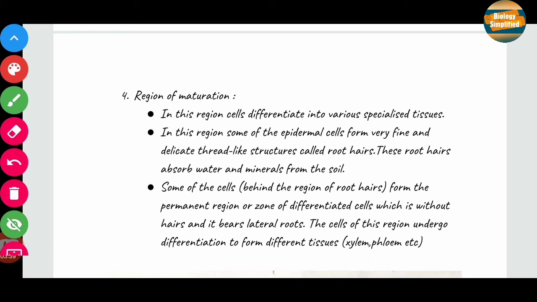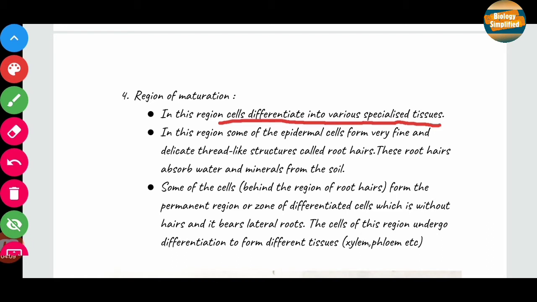Next is the region of maturation. Basically this is the region where cells differentiate into various specialized tissues. Here cell division completely stops, and cells differentiate into specialized types and become permanent tissues thereafter.